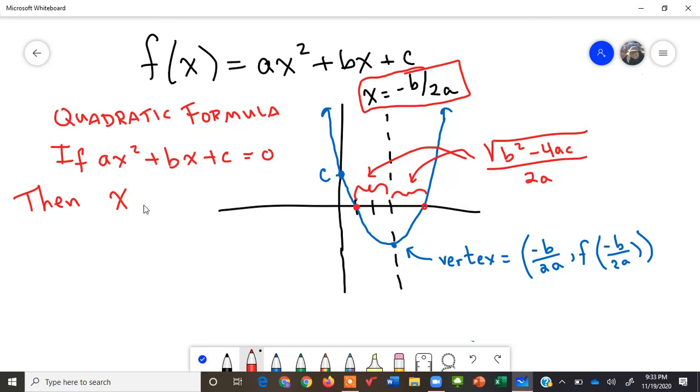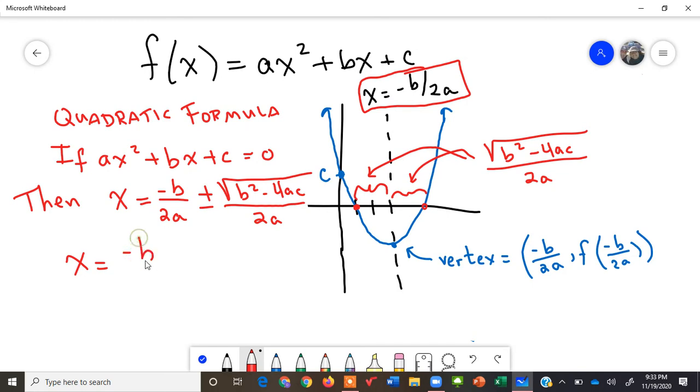Then x is found by negative b over 2a plus or minus the square root of b squared minus 4ac over 2a, but it's usually written all together as negative b plus or minus the square root of b squared minus 4ac all over 2a.